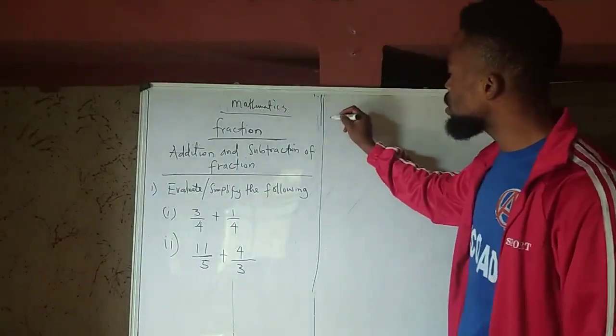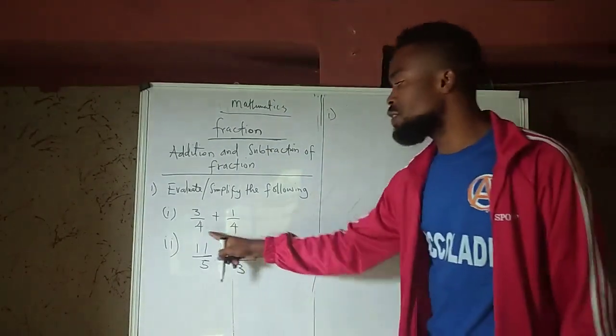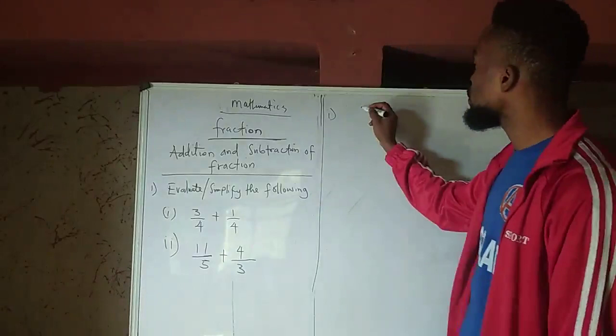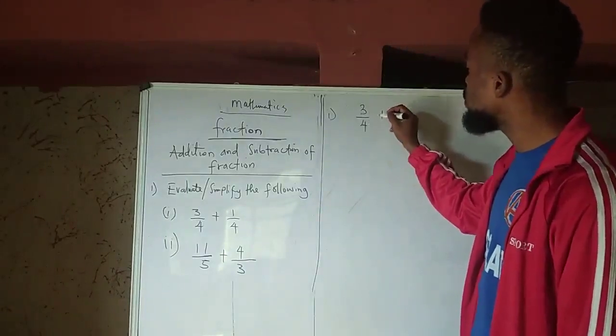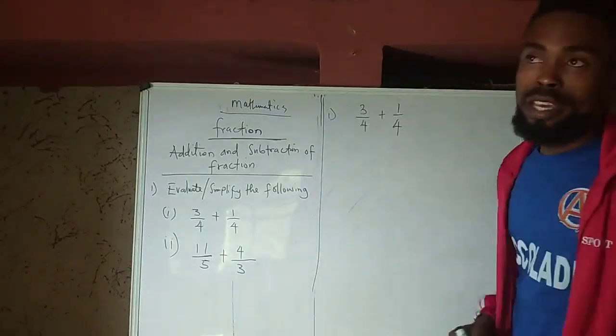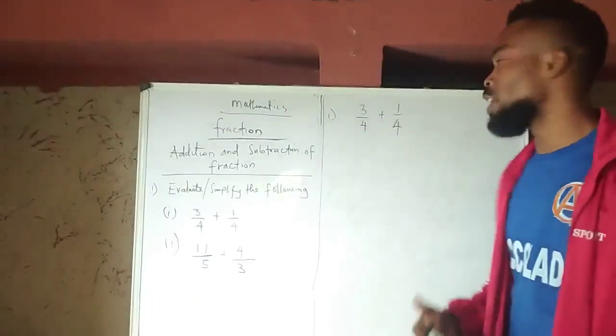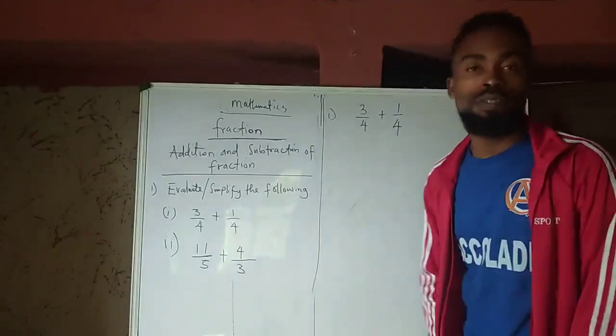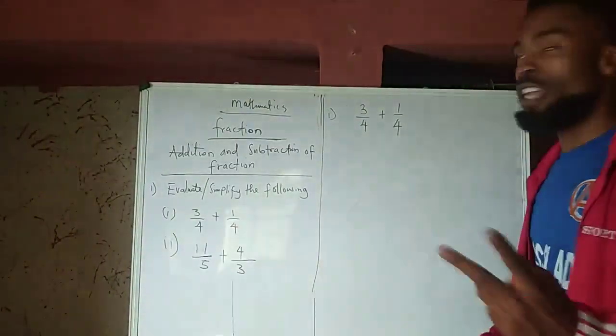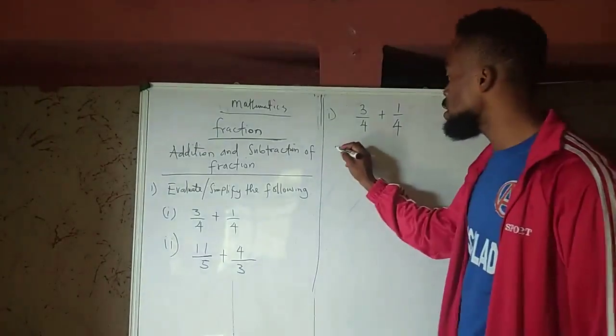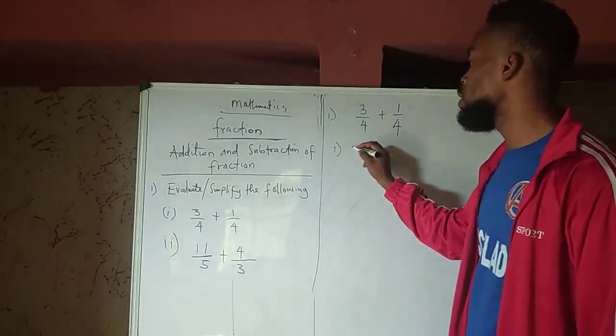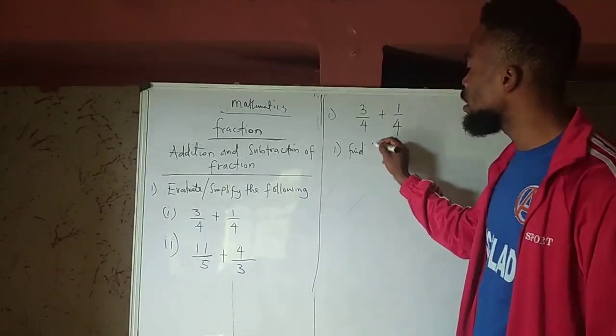So we're going to start with the first one, where we have 3 over 4 plus 1 over 4. In summing fractions, there are steps to take. One of the first things to do is to look for the LCM.